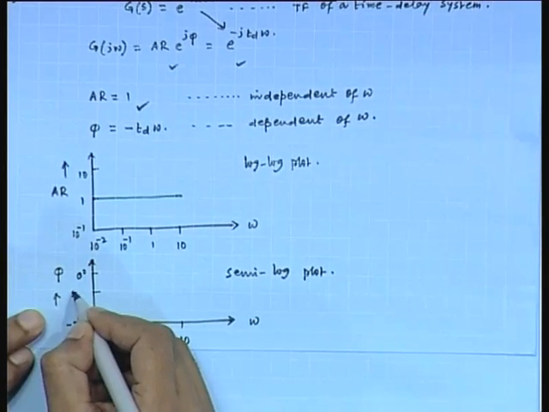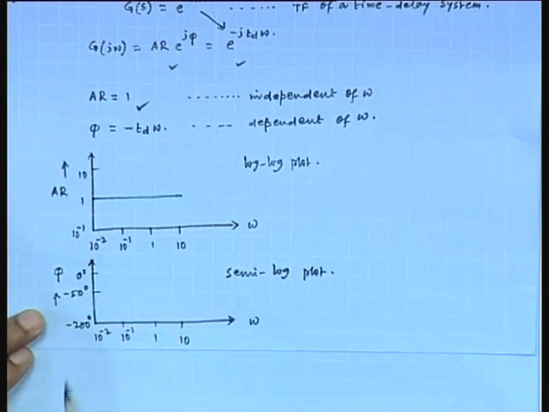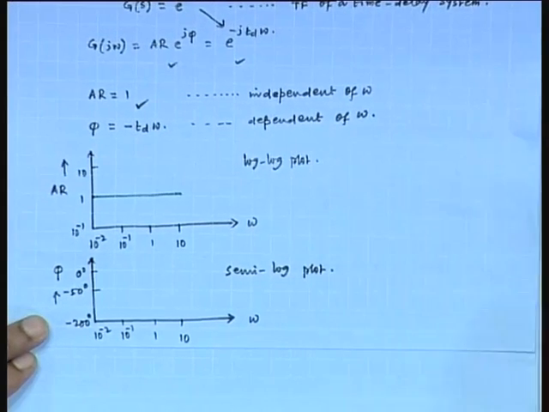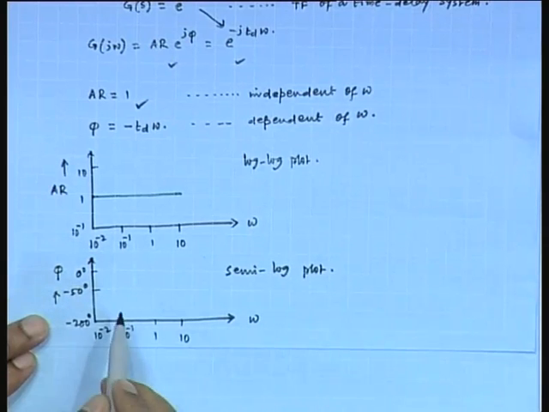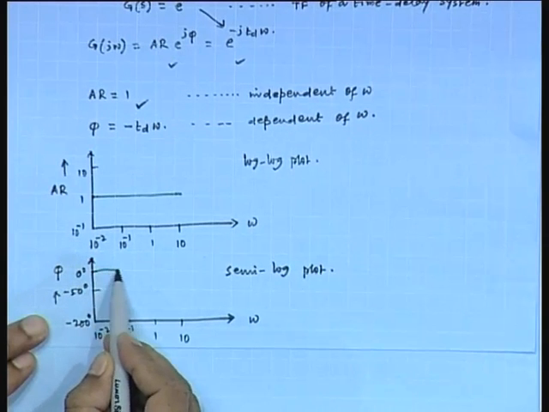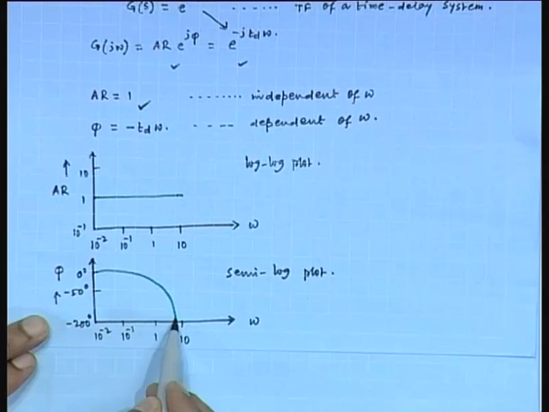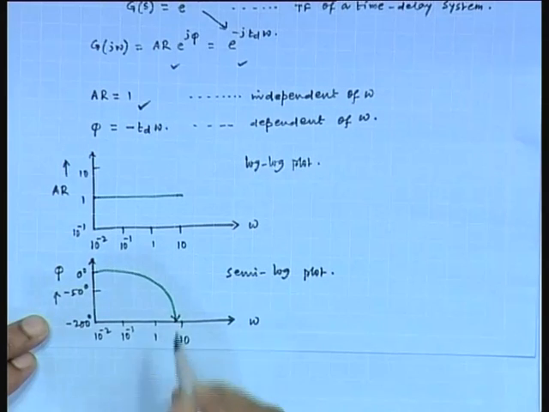This is suppose minus 50 degree. Now, if we produce some intermediate data, then we obtain this type of plot for phi.